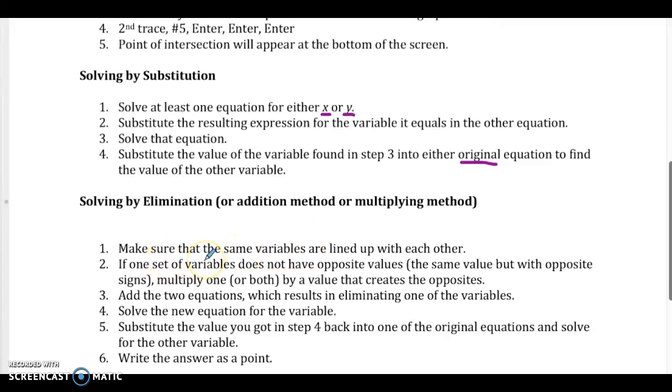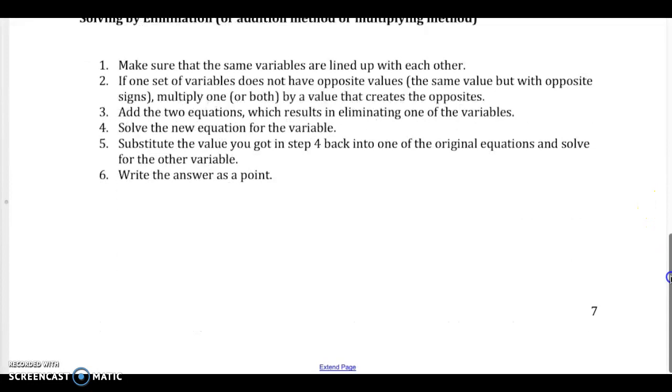If one set of variables does not have opposite values, then you're going to multiply one or both of the equations by a value that creates opposites. You then add your equations, which results in eliminating a variable, and solve for the one variable. And again, don't forget, you've got to plug that variable back in to find the other variable, because your solution is not just an x or a y, but that point, that x comma y value that you are looking for here.